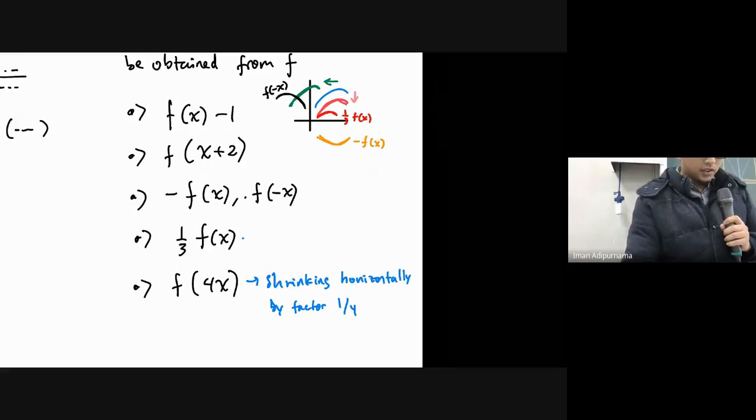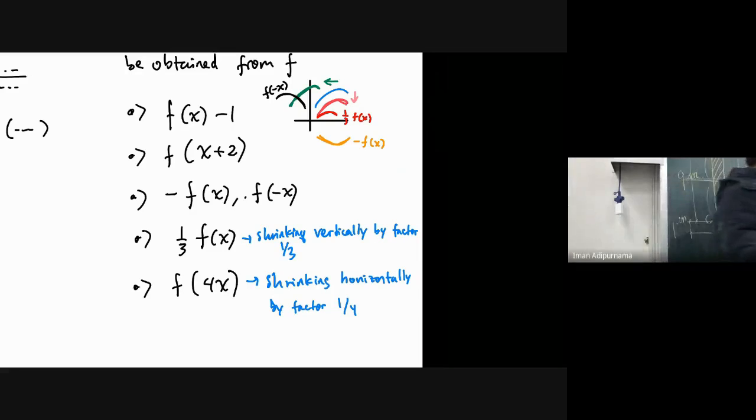Okay, this is shrinking vertically by factor 1/3. So it's similar, but the difference is the axis. Okay, the axis.